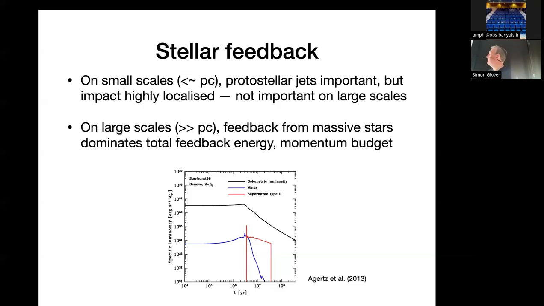The blue line gives us our wind luminosity, which at very early times is pretty constant, and it picks up towards the end of those massive stars' lifetimes as we reach the Wolf-Rayet phase, and then again drops at later times. Only there it drops off much more rapidly because much more of that wind energy is just coming from the very most massive stars.